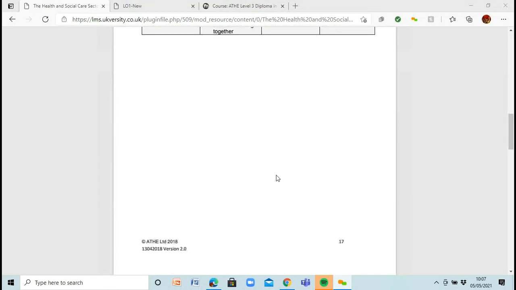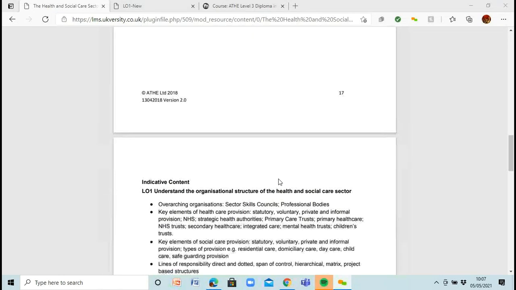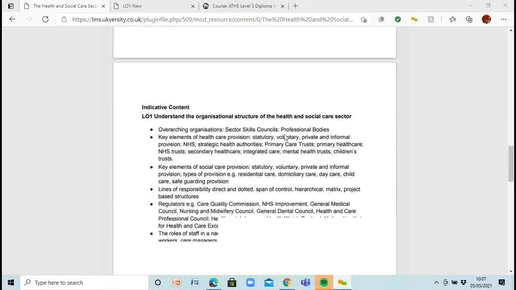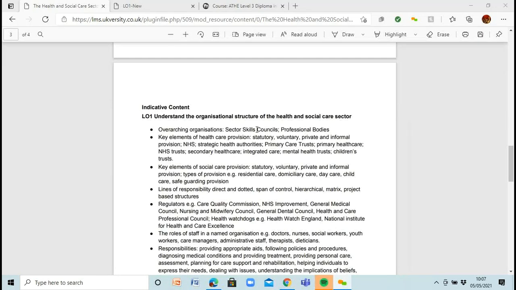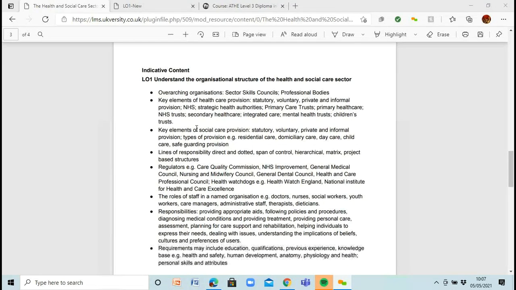And if we scroll down on this specification sheet, which you've all got access to, I've emailed it to you when I sent you the summary schedule, and also it's on Moodle. If you need a bit of a reminder of where things are, I'll be happy to show you at the end. Scroll down towards the indicative content, and it just shows you exactly what you need to add. So the first 3 bullet points will cover 1.1.